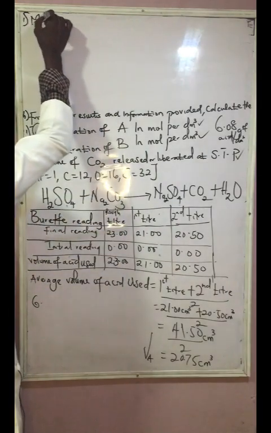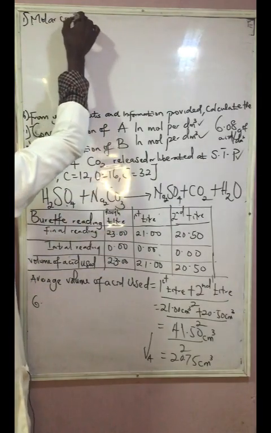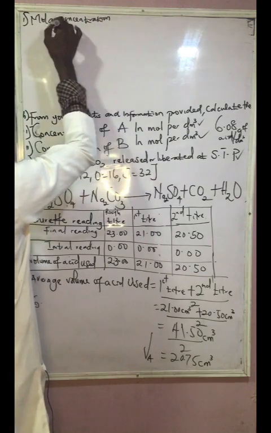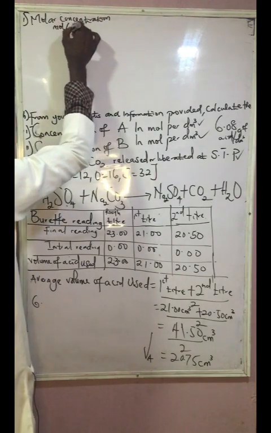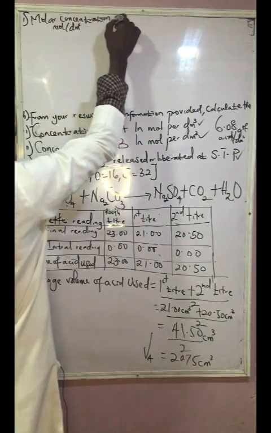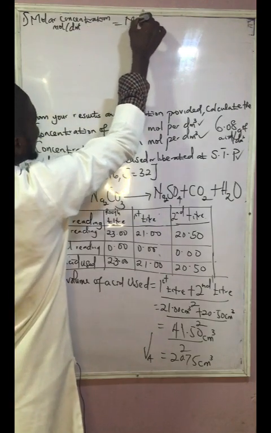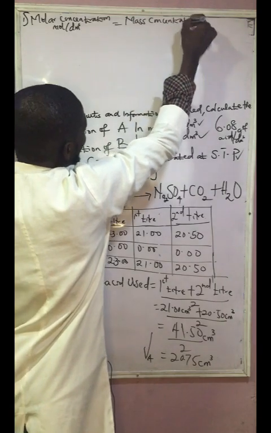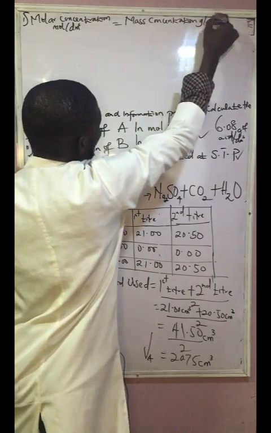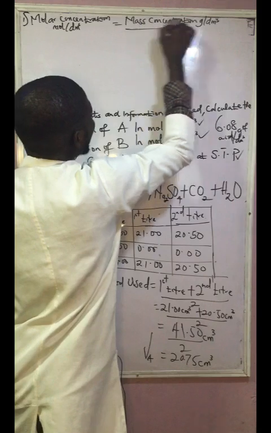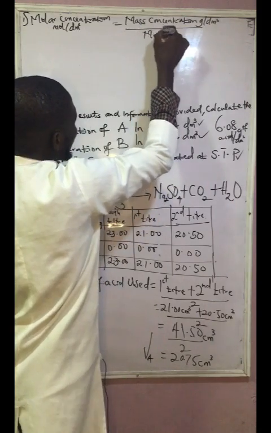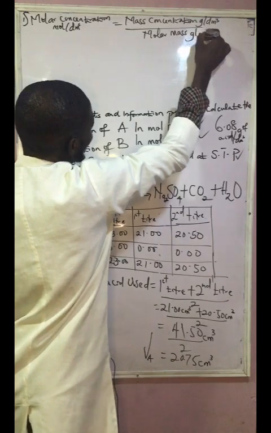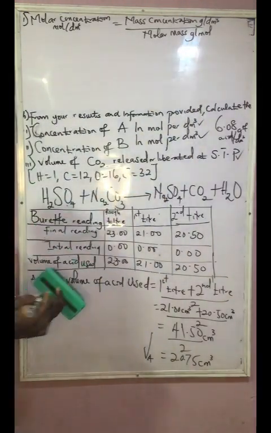Molar concentration, the unit for this is mole per dm cube, equals mass concentration in gram per dm cube divided by molar mass in gram per mole.